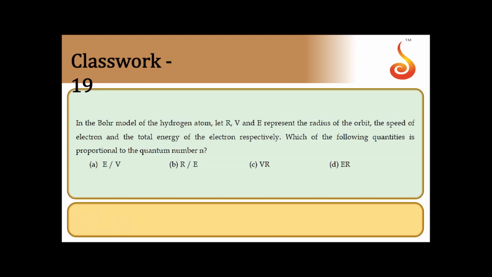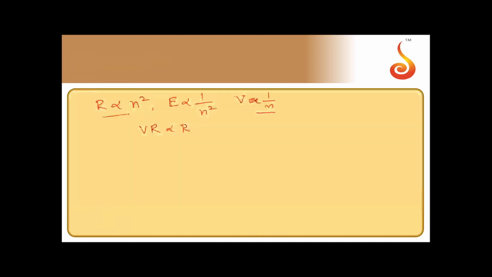So we know that R is proportional to n square, energy is proportional to 1 by n square, and velocity is proportional to 1 by n. Now if I take V into R, that will be proportional to n. So that is option C.